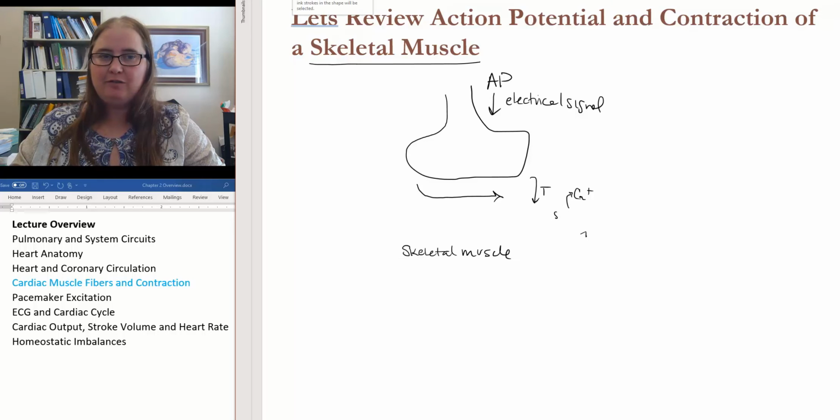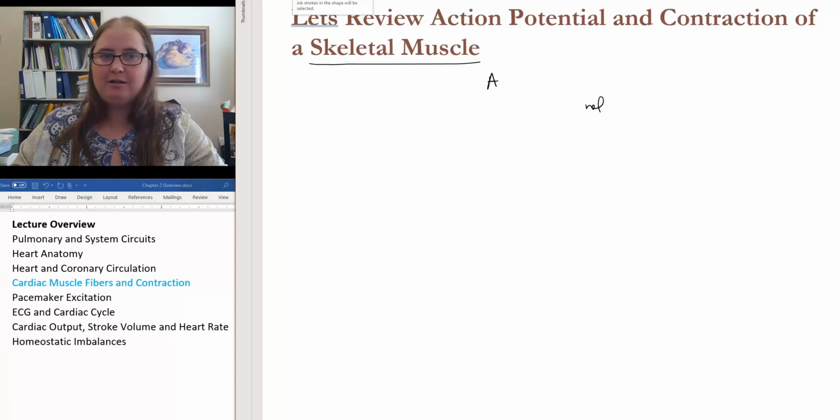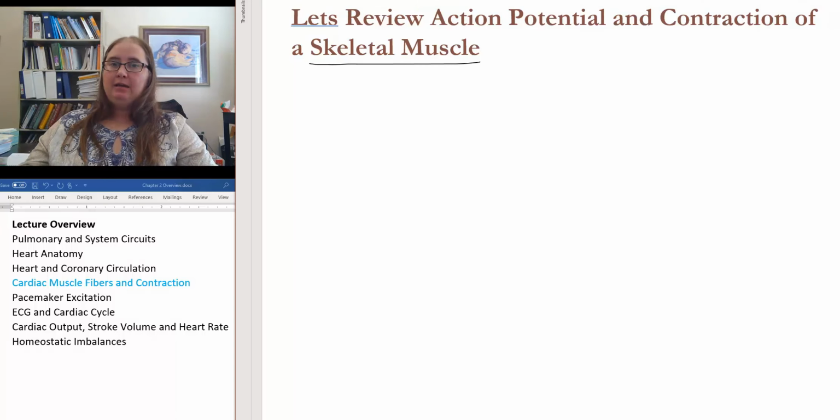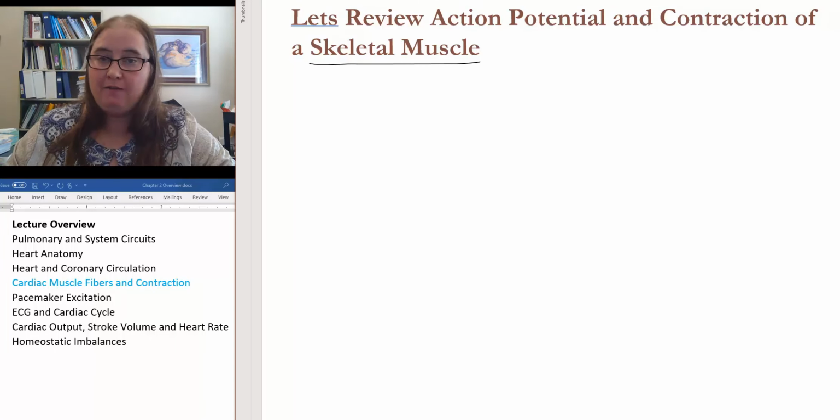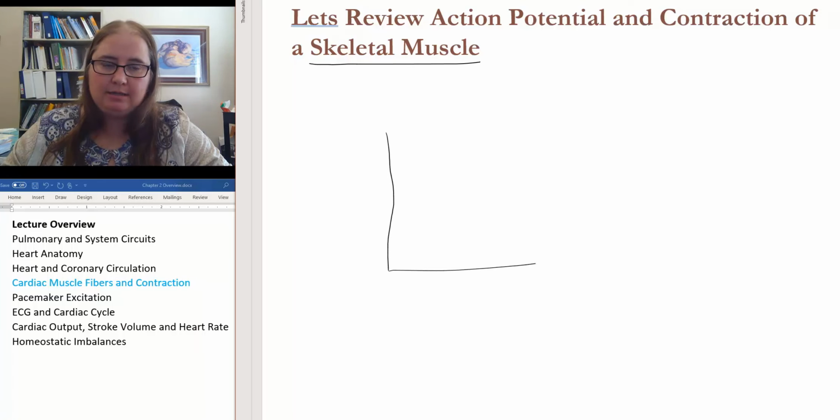Okay, I'm actually going to erase this because it's not what I really wanted to draw here, but I just wanted to remind you guys of how that occurred. Okay, so if we look at the action potential tracing of those events we just talked about, we have our axis that looks like this.